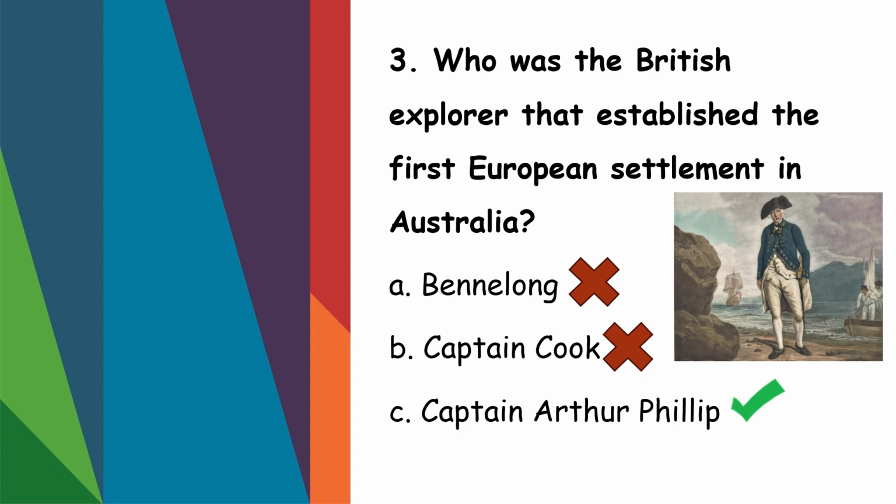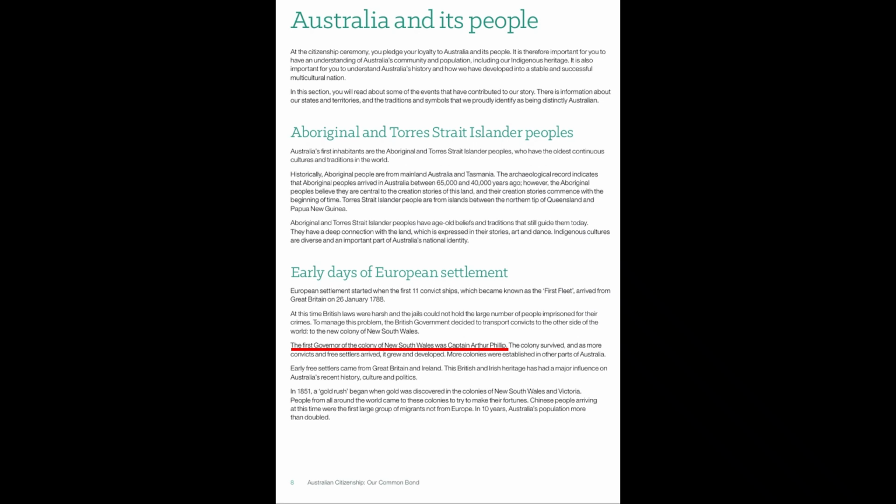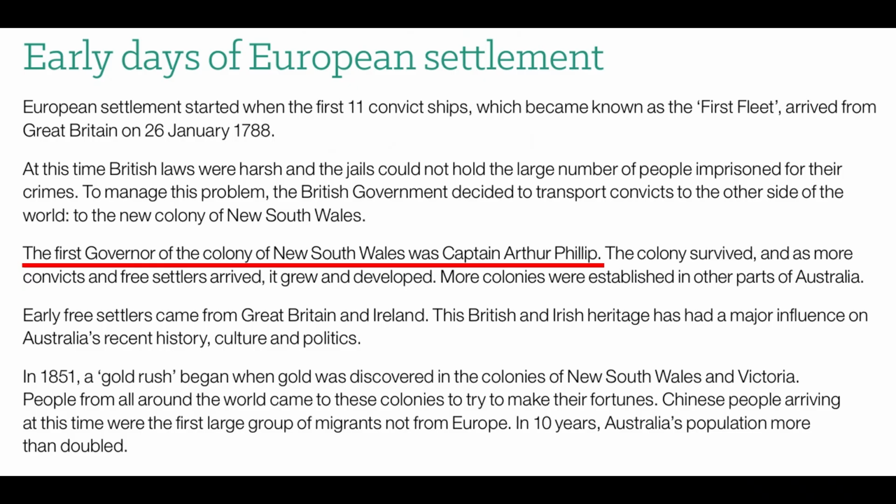So the answer to this question is C. The British explorer that established the first European settlement in Australia was Captain Arthur Phillip. The information for this question is found on page 8 in Our Common Bond.